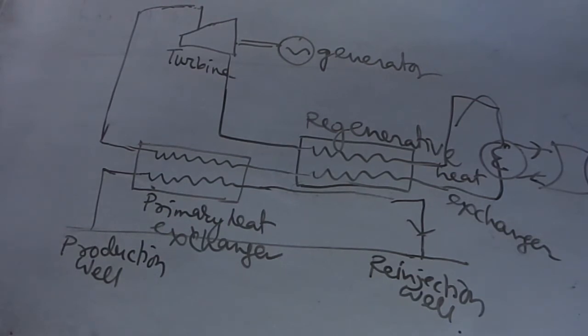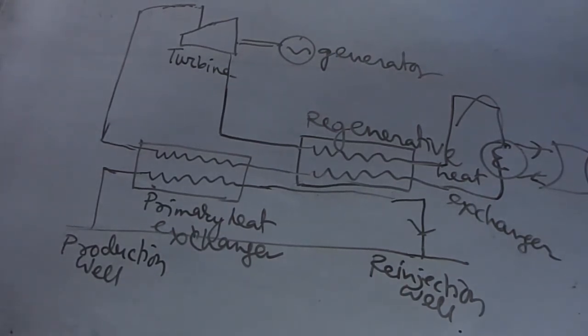This vaporized fluid serves as a working fluid for the turbine. The exhaust vapor from the turbine is cooled in the regenerative heat exchanger and then condensed in a condenser. The condensed liquid isobutane is returned to the primary heat exchanger by way of the regenerative heat exchanger.